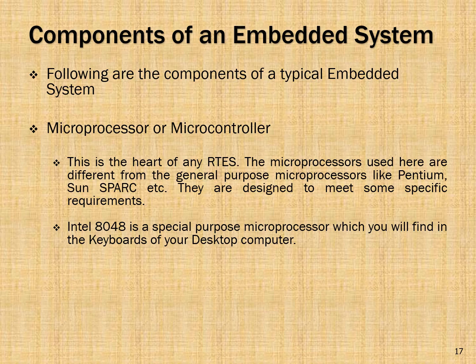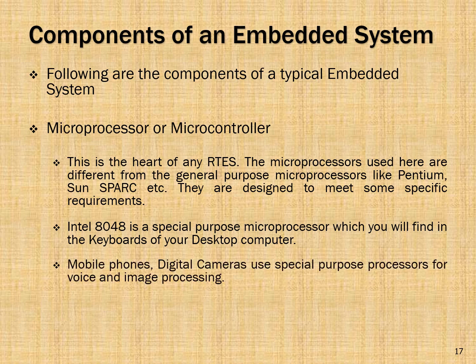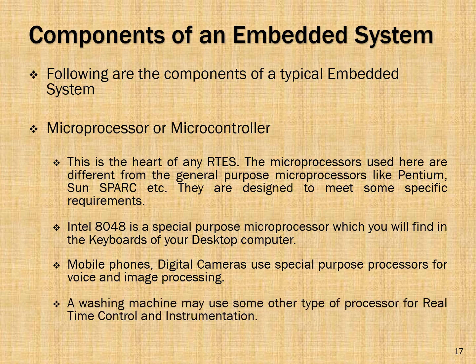Like Intel 8048 is a special purpose microprocessor which is used in keyboard of your desktop computers. Mobile phones, digital camera use special purpose processors for voice and image processing. A washing machine may use some other type of processor for real-time control.